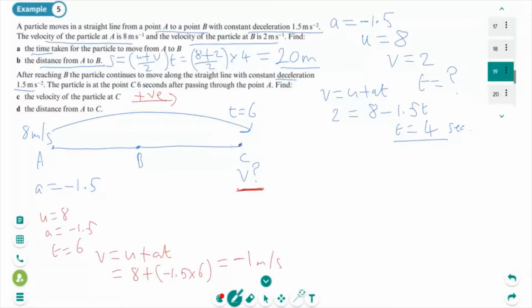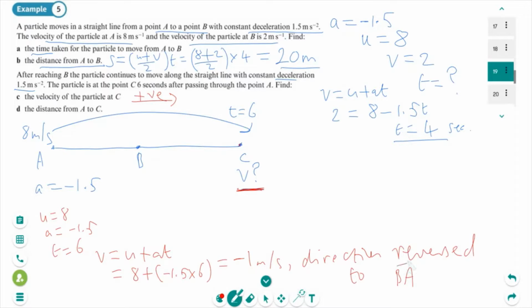In the book it says the velocity is 1 meter per second in the direction BA. So if you want to be precise, the new direction is BA. You can say direction switched, or direction reversed to BA, or in the CB or CA direction.